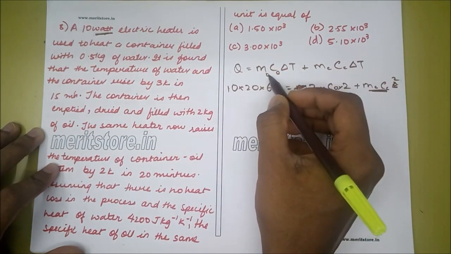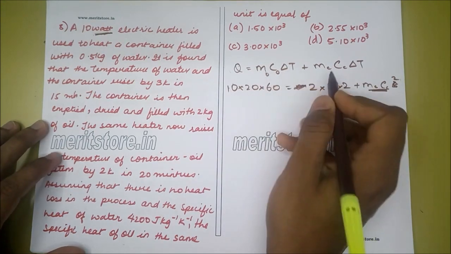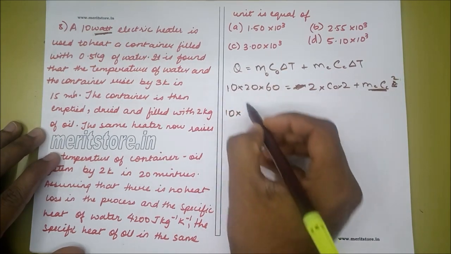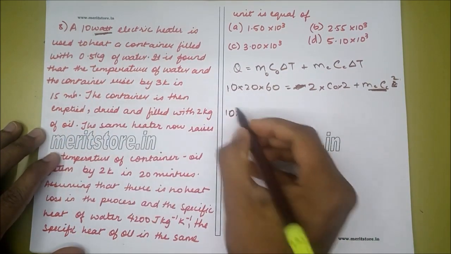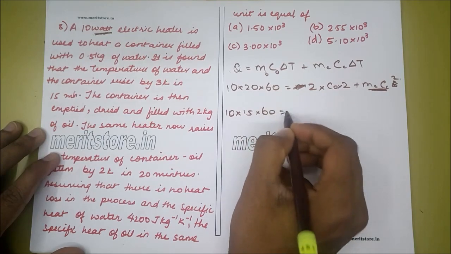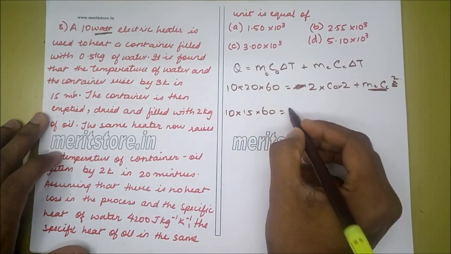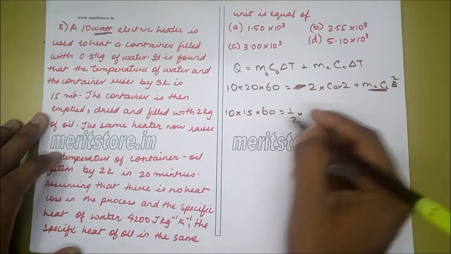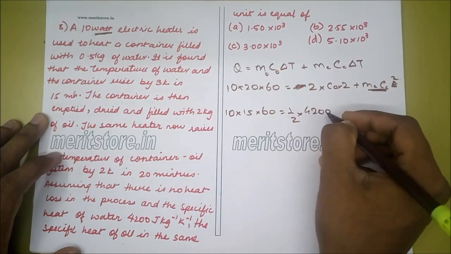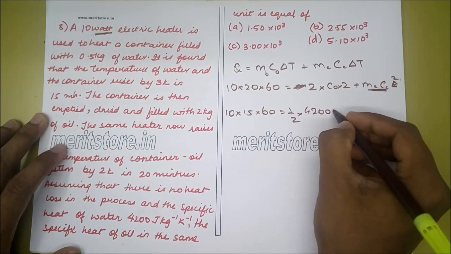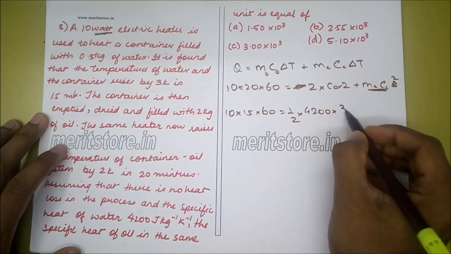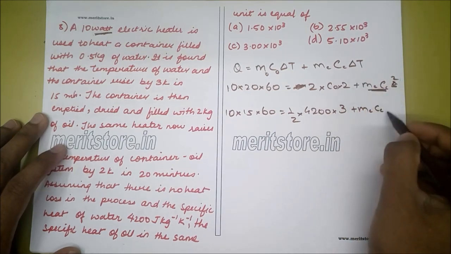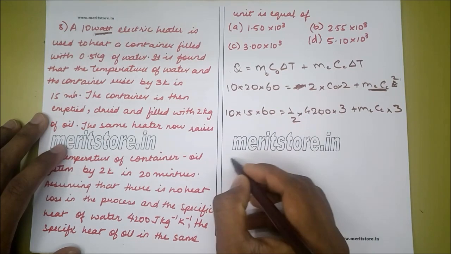Applying the similar formula, but using the notations for water, we get 10 watt into 15 minutes into 60 seconds is equal to mass of water, given as half kg or 0.5 kg, and specific heat of water given as 4200 joule per kg per Kelvin, and temperature rise is 3 Kelvin, plus Mc Cc into temperature rise, now 3.